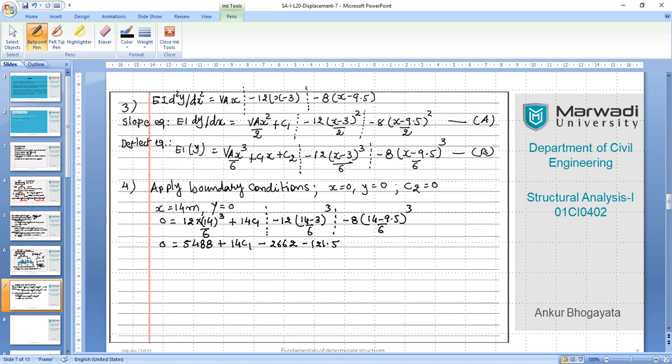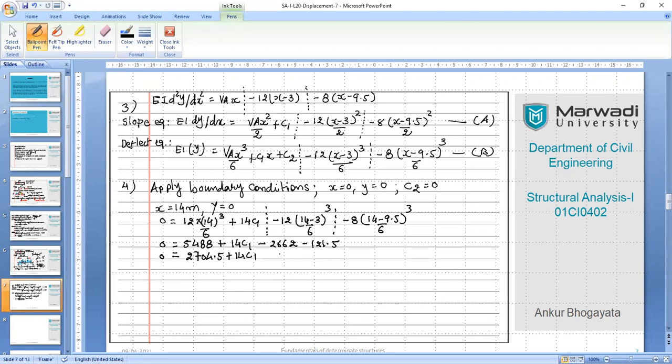All right, so now we can simplify this again. So 0 equals, this is positive, these two are negative, so 2662 plus 121.5, that is 2783.5, so minus 5488, so 2704.5 plus 14 C1, right?